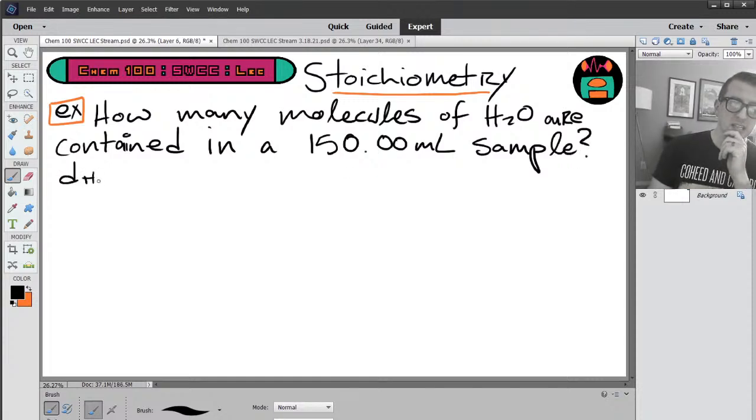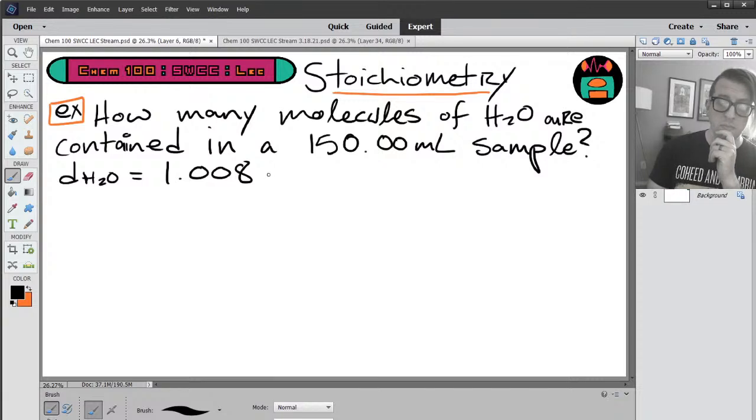And note that the density of water is 1.008 grams per milliliter.